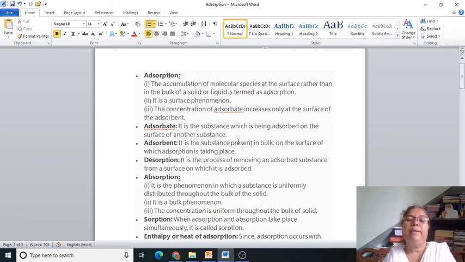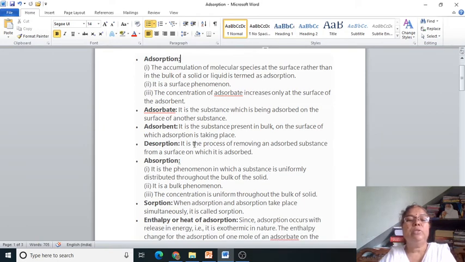Or in another example, the adsorption of gas molecules on any metal, then a metal acts as an adsorbent and the gas molecules act as an adsorbate. Then the next term that is often used in the study of adsorption is desorption.